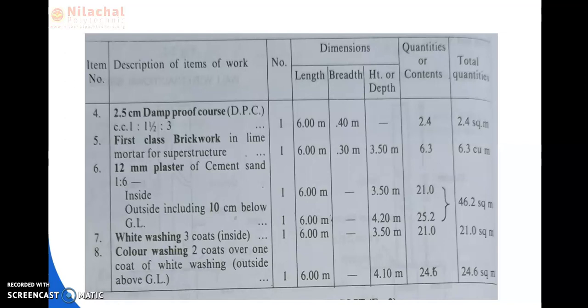Breadth is not required because it is a vertical structure, and height is required. We know the whitewashing is provided for the inside face. So for the inside we consider from the plinth to the superstructure height, which is 3.50 meter. So the total value is 6 meter into 3.50 meter is equal to 21.0 square meter.